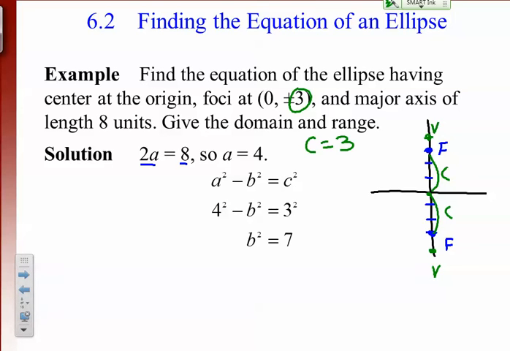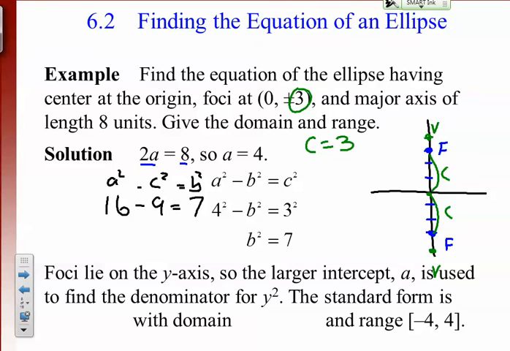Use the relationship a squared minus b squared equals c squared. So I plug in what I have here, and I get 16 minus 9 equals 7. This is a squared, and this is minus c squared equals b squared if I rearrange everything. So b squared is going to equal 7, which means b is going to equal the square root of 7.